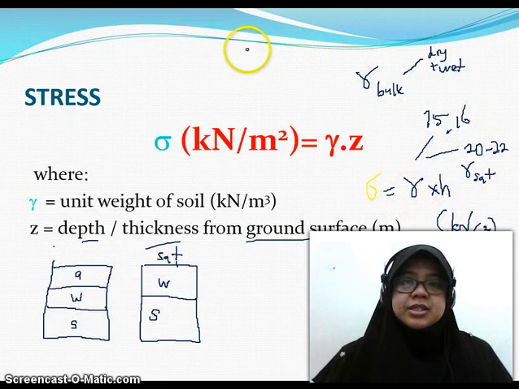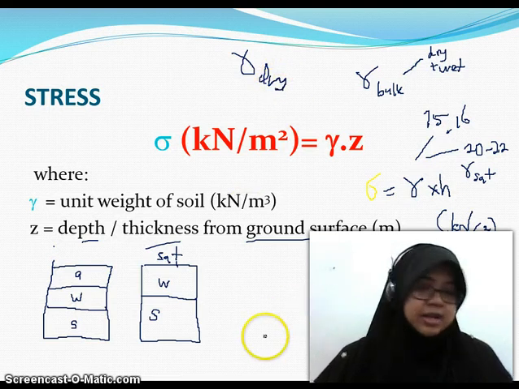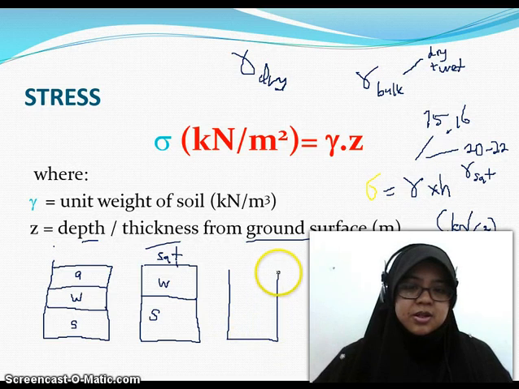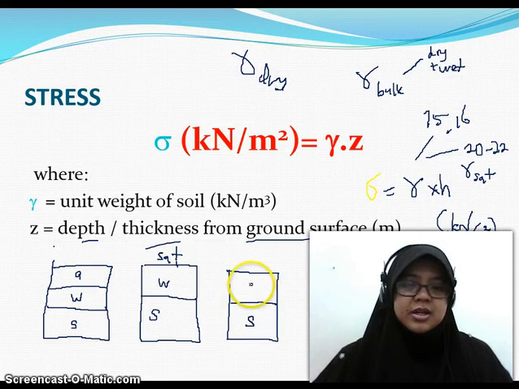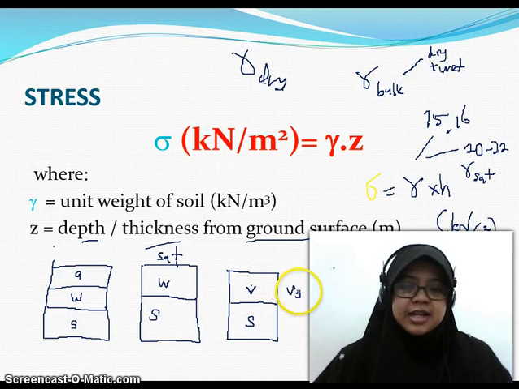However, we also have one more condition, gamma dry. How do we draw the phase diagram? This is called the phase diagram of soil. For dry soil, they only have solid and a lot of air, or I would like to write it as void.